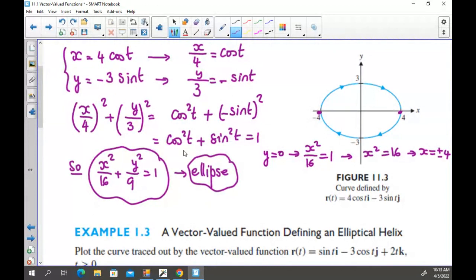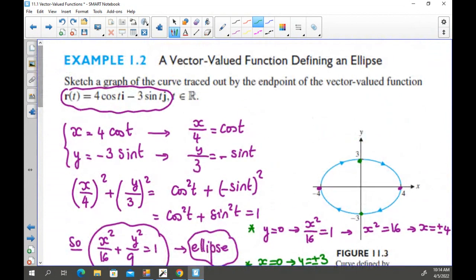Now, if you want to find the points where it cuts the y-axis, x equals 0, and you do the same thing. You will see that y will be plus or minus 3, and these are the intersection points with the y-axis. So therefore, this is the ellipse. That means the vectors will always be like this.